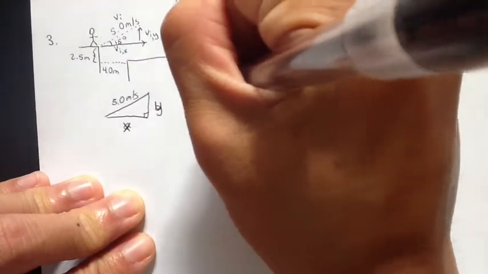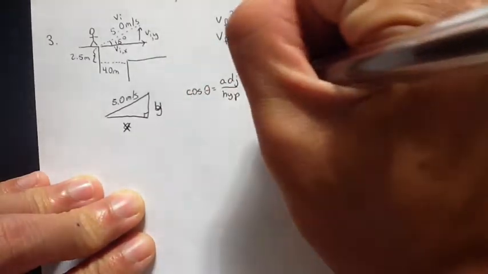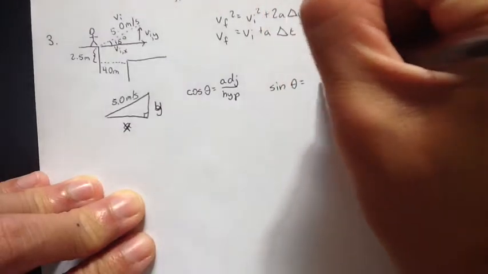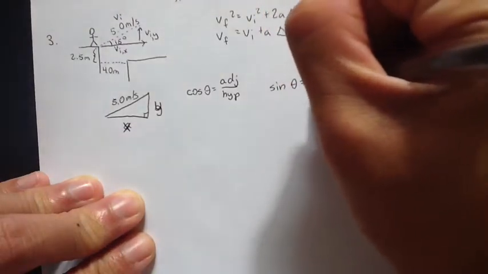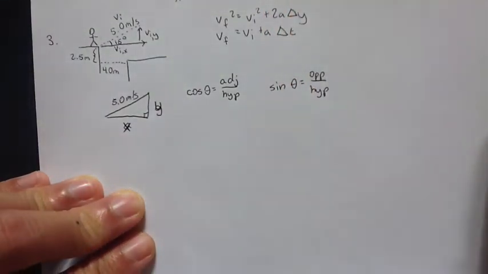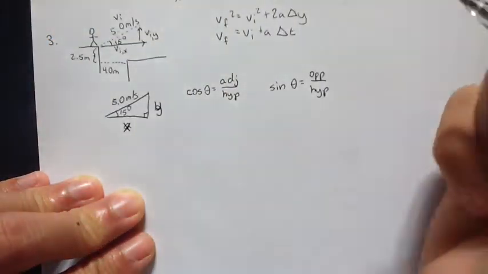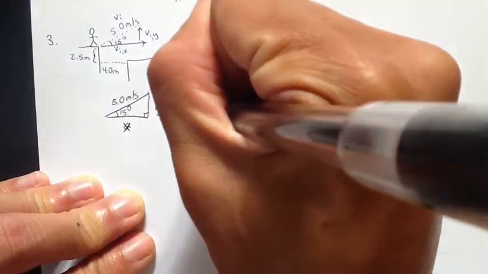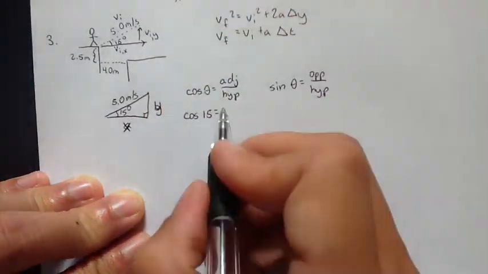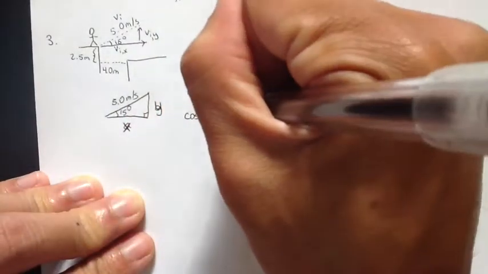I know that cosine theta is equal to the adjacent over the hypotenuse, and sine of theta is equal to the opposite over the hypotenuse. Theta, in this case, because he's jumping at a 15-degree angle, is 15, so we're taking the cosine of 15. I know that my hypotenuse is 5.0 meters per second.